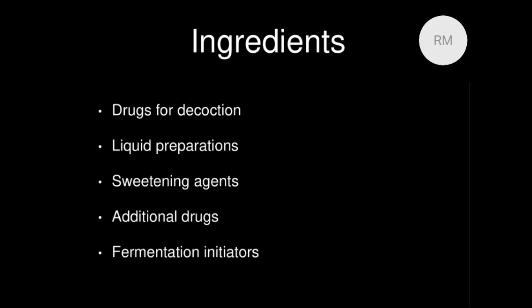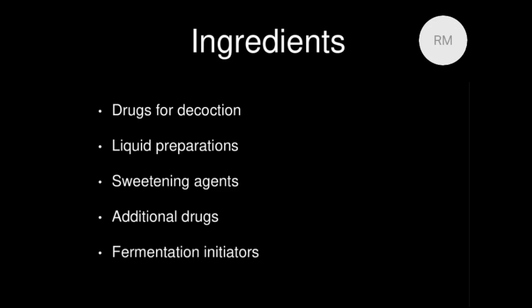Drugs for decoction means the herbs from which you are going to prepare a decoction. Please recollect the methods of making a decoction. You take the herbs, you dry them, you cut them into pieces, and then you pour a specific quantity of water, then boil it and reduce it to a very specific quantity, filter it, and this is how decoctions are made.